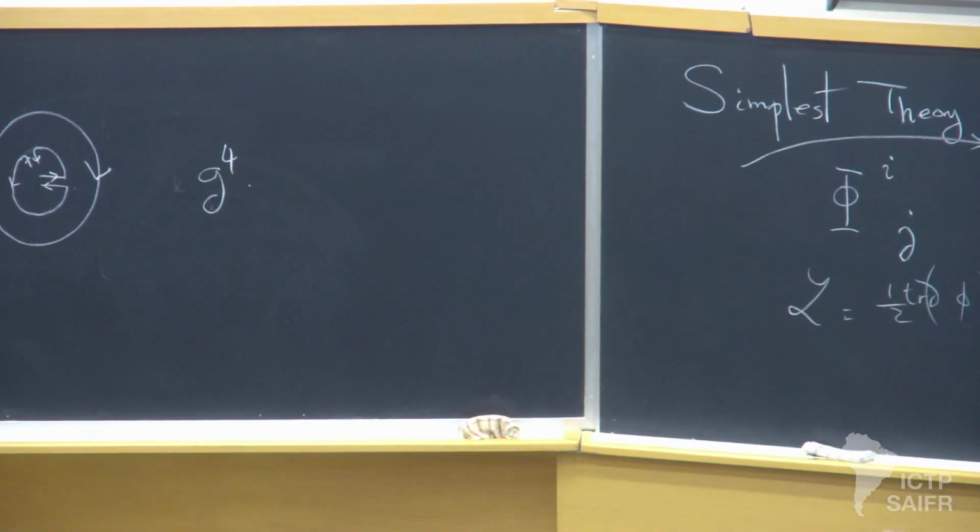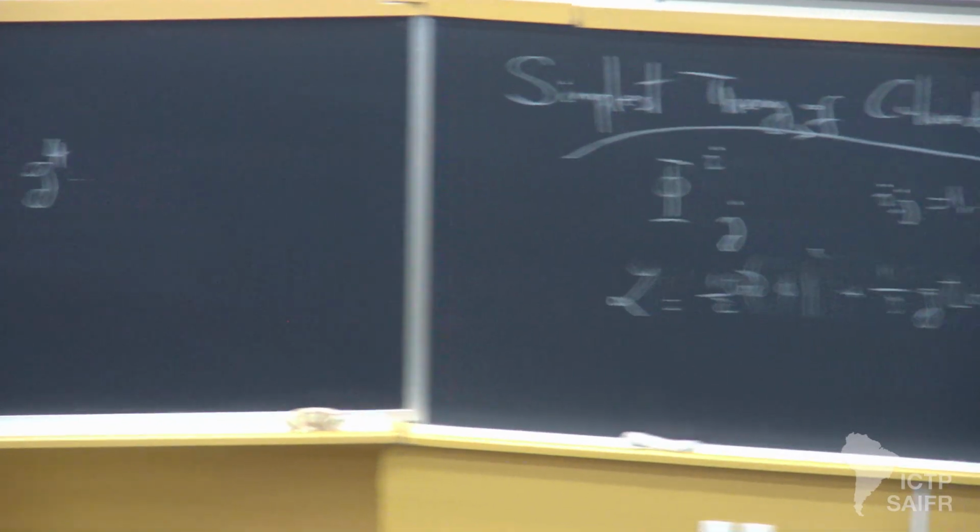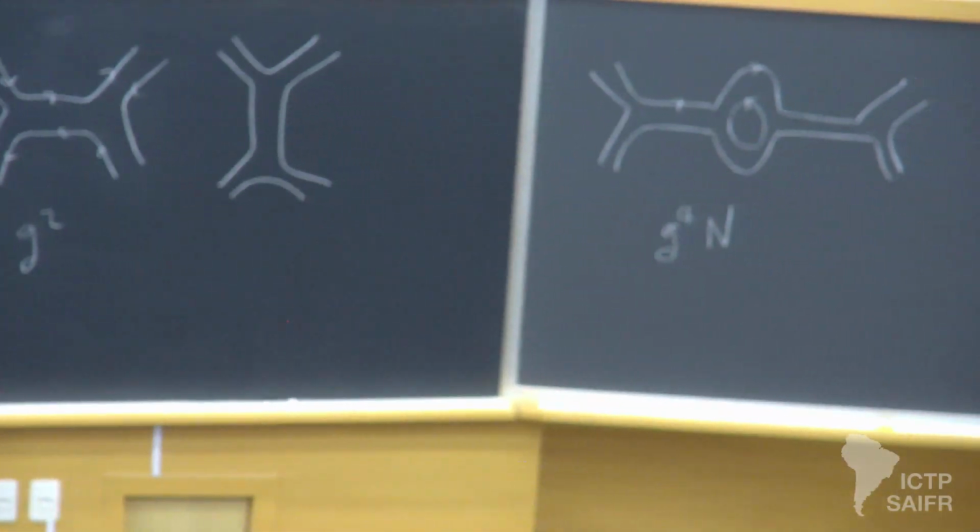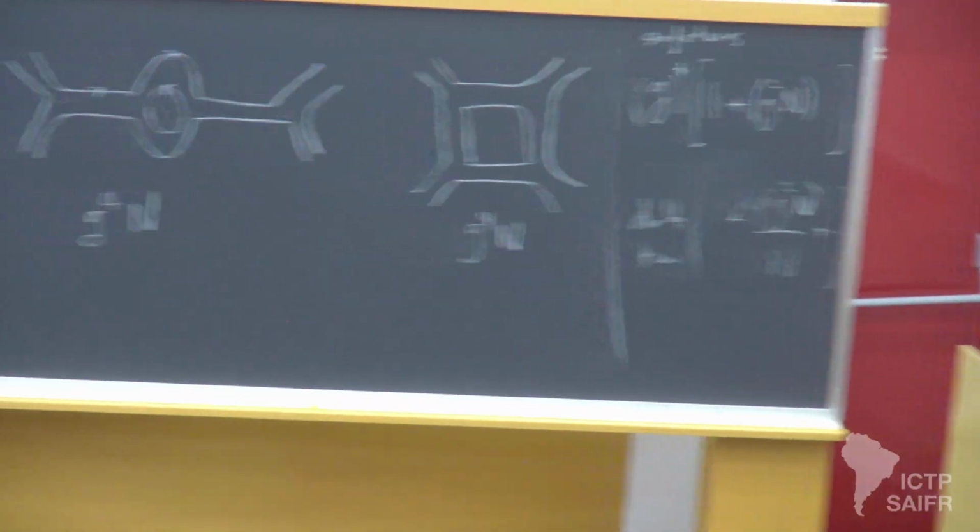If you go to the usual 't Hooft limit, you keep g squared n fixed and you make n large, then the diagrams that dominate are single trace planar diagrams. Already here we see that the double trace just began at 1 loop. The double traces are down, and higher traces are down by powers of 1 over n.